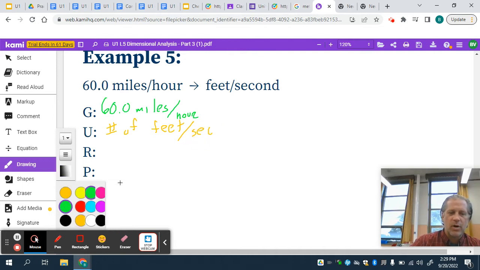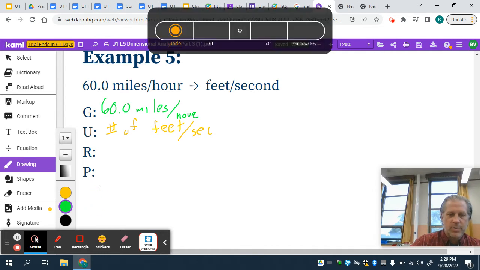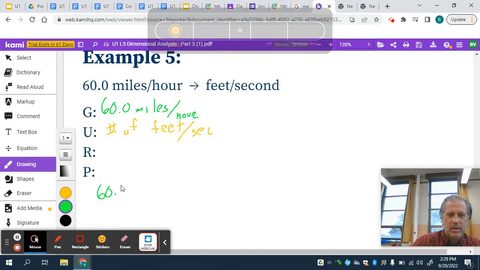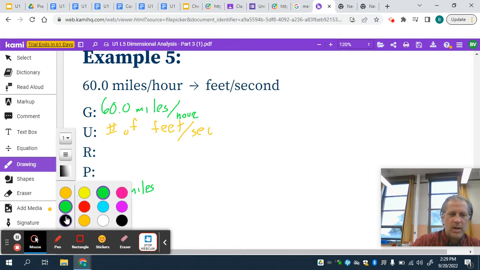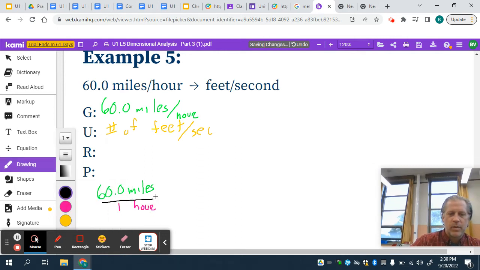So just like I did before, I'm going to set the problem up underneath here to start with. So I'm going to take 60 miles and put that over 1 hour. And now I'm going to set this up to convert miles to feet.